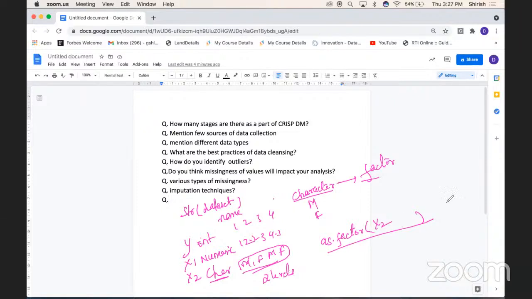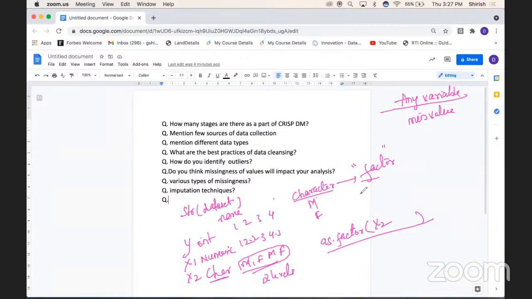Now what is this factor? That is also one of the questions. Any variable which takes minimum values, like gender, it could be male or it could be female, is factor data.